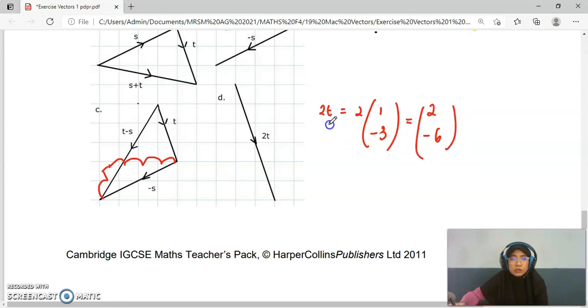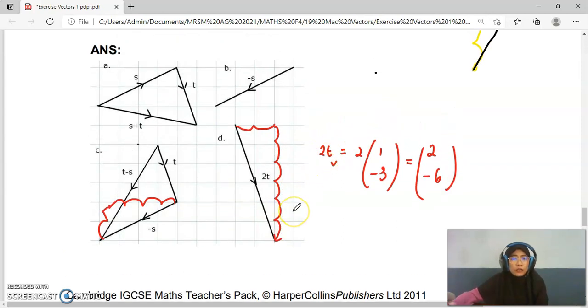When you draw 2, negative 6, as usual, we move in the x direction first. So 1, 2, and then 1, 2, 3, 4, 5, 6. You can see that t and 2t are in the same direction, and they are parallel to each other. We multiply by 2, which is a scalar, so we double the original vector t.